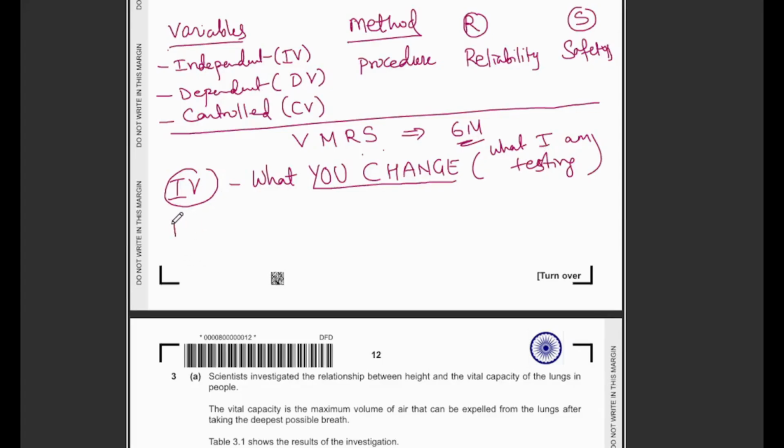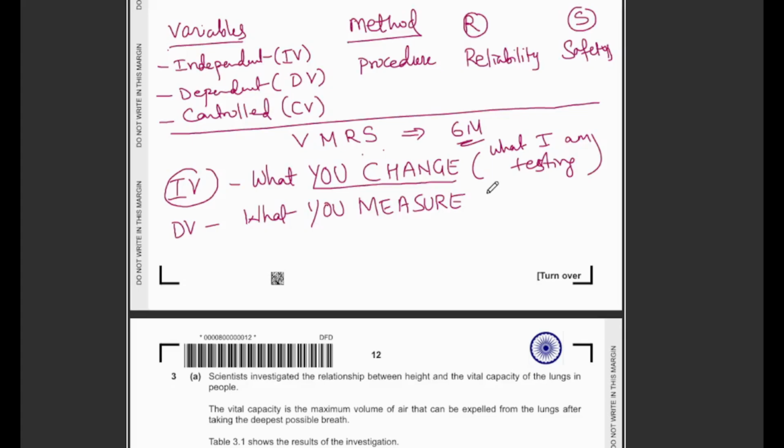Next one is dependent variable. What is a dependent variable? Dependent variable is what you measure. In this experiment, what are we going to measure? Imagine, what is the thing that we are going to measure? We are going to measure the time taken for the starch to disappear in this activity, right?